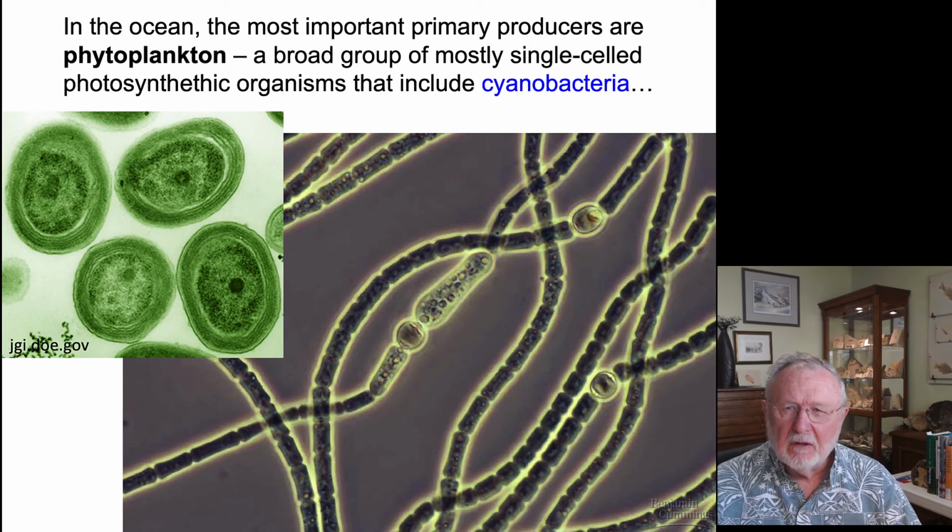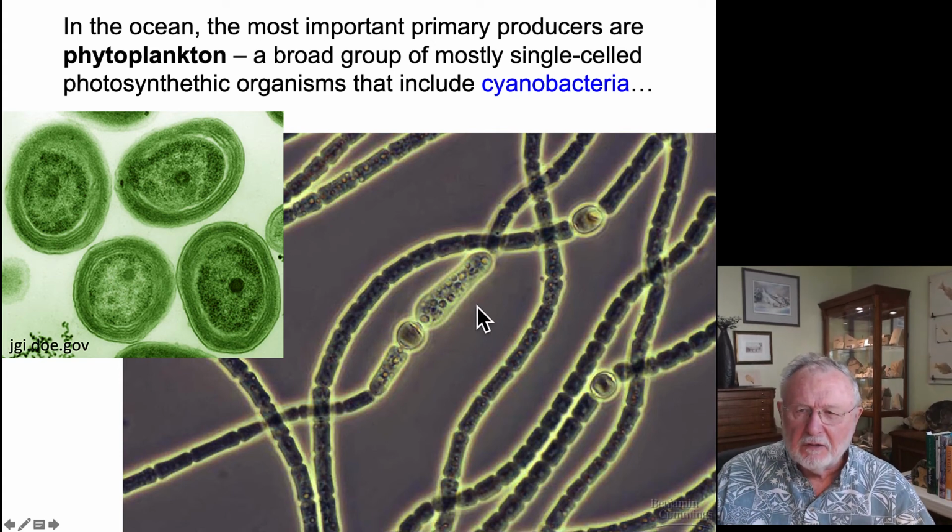In the ocean, it's important to recognize that most of the primary productivity takes place with single-celled organisms, or single-celled organisms that come together to form chains, known as phytoplankton. One of the very common phytoplankton includes cyanobacteria, a bacteria that we've known from previous lectures.